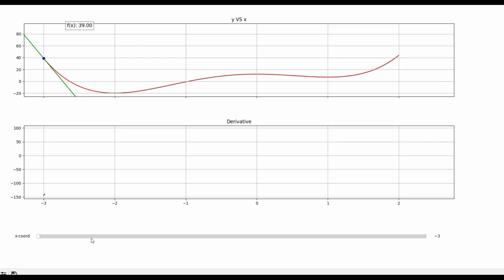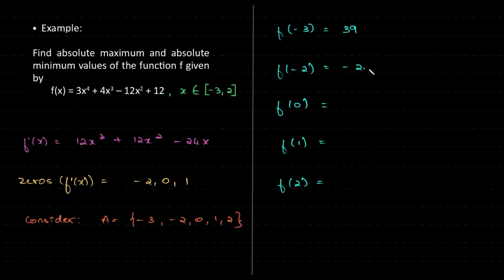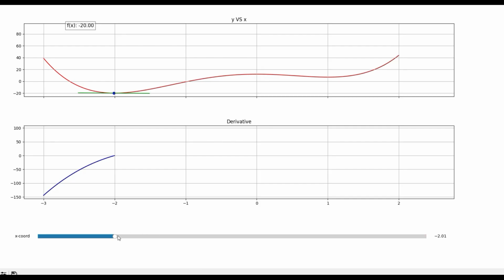And next is -2. So -2 is where your minimum value actually is. That is where your slope is 0. Right? And the output is -20. Then at 0, input value of 0, we can see the slope is 0, indicating it's either a local minimum or maximum.